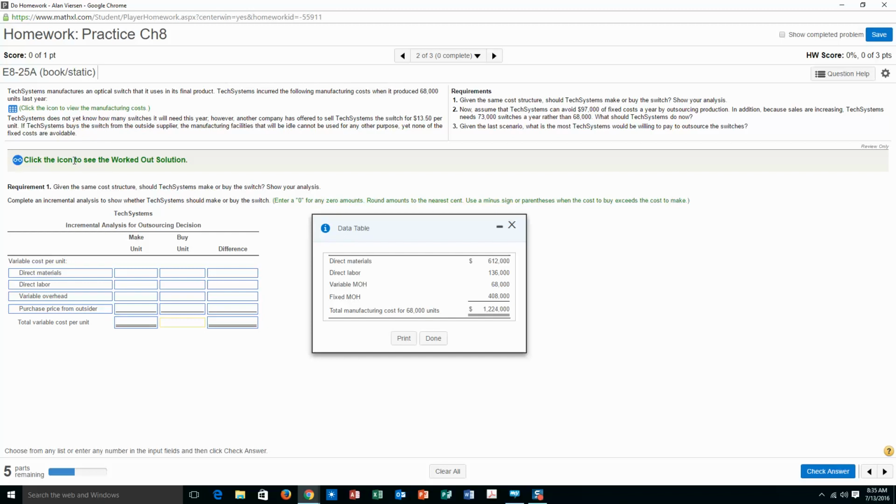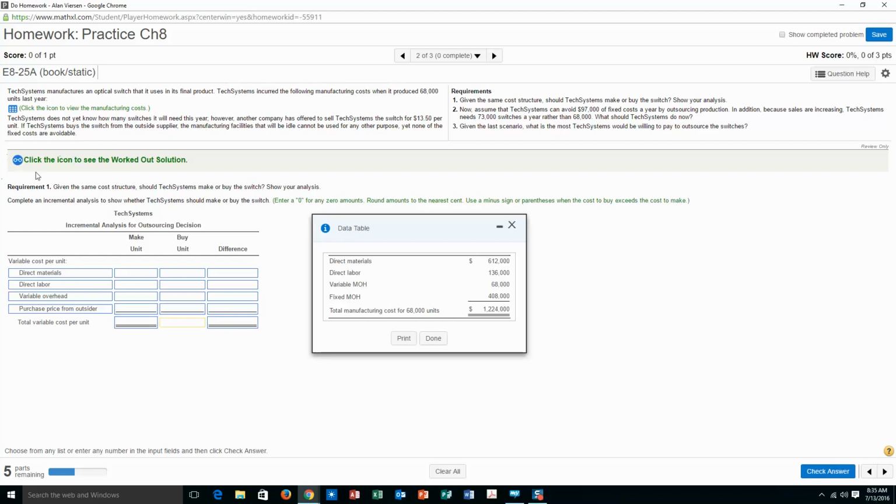So the key to these problems, especially this one, is looking to see what the relevant costs are. Variable costs are always relevant, and any fixed costs that you can avoid are also relevant costs. So in making the decisions, we're looking for the relevant costs.